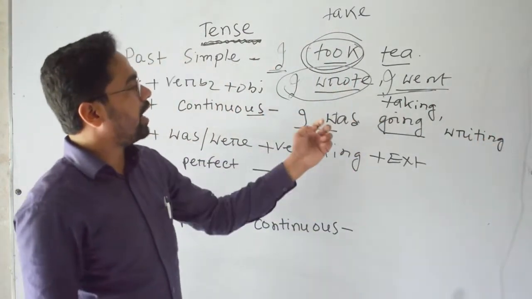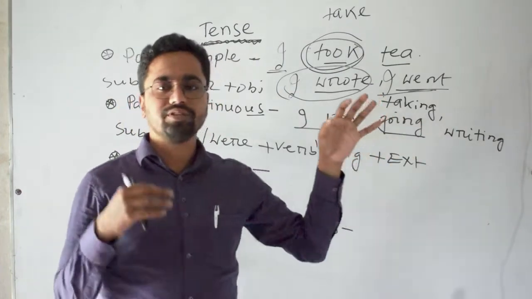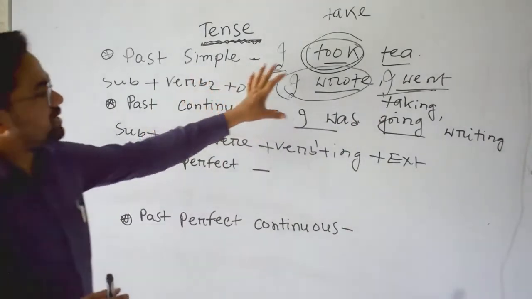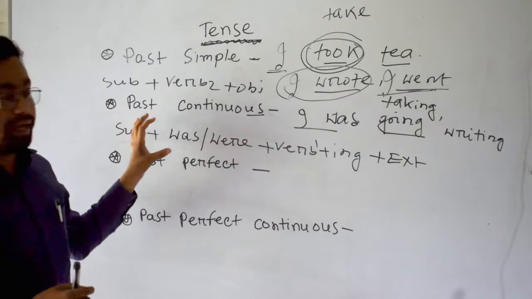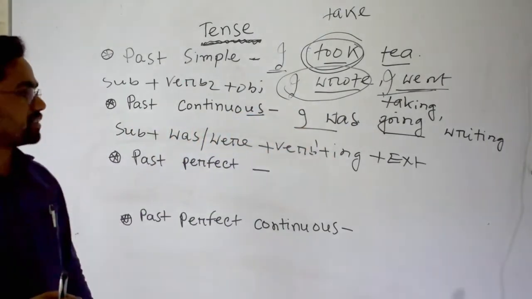Taking means I was taking tea. Writing means I was writing a letter. These are the things you can use to make the structure of the past continuous tense.